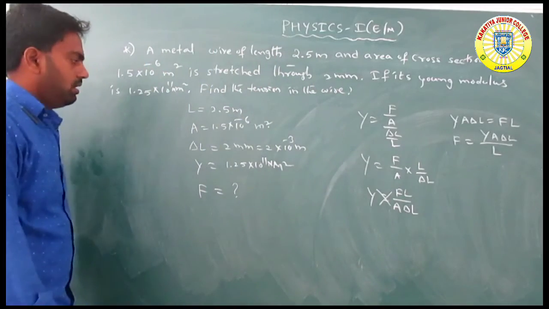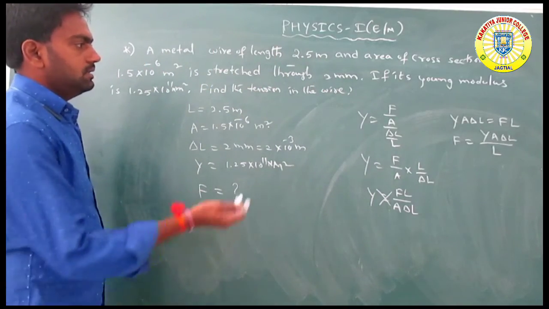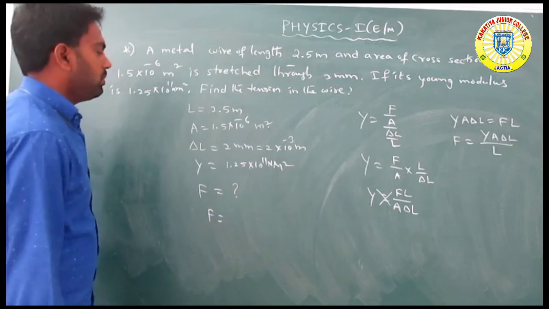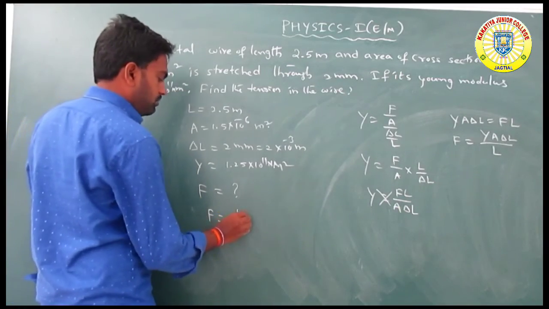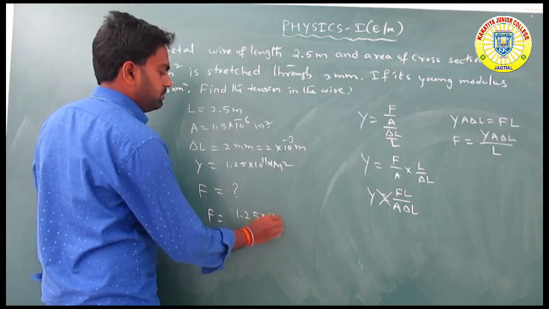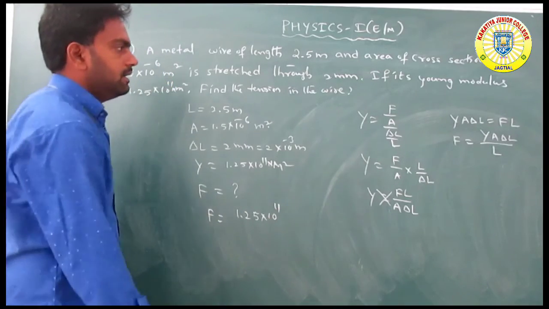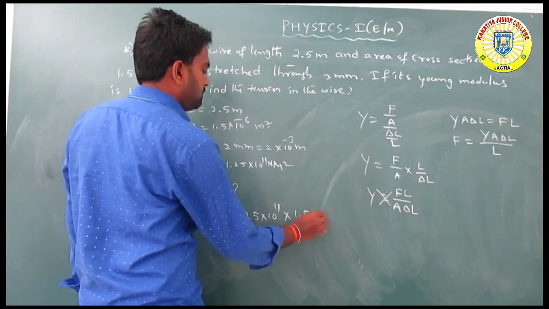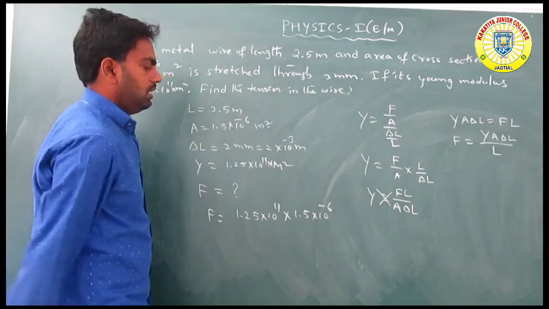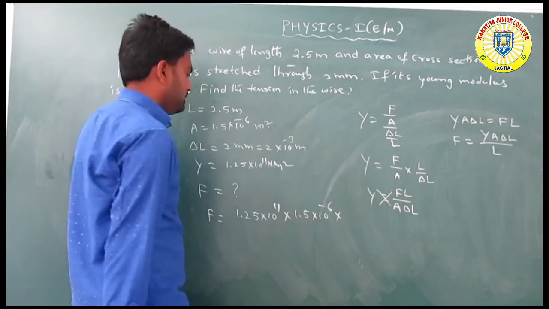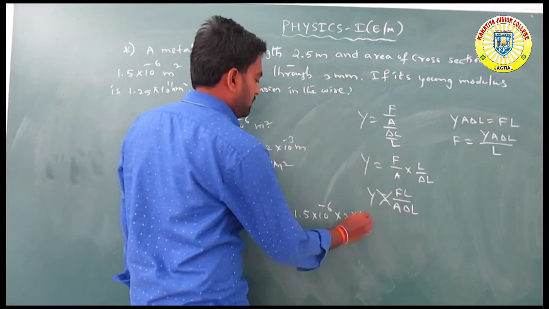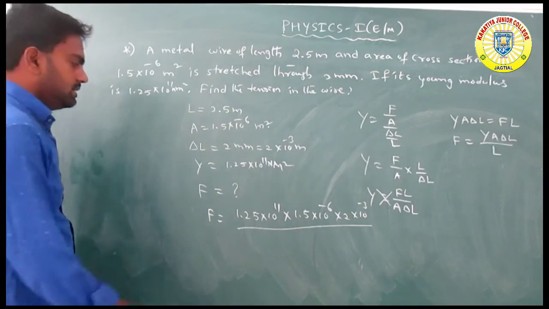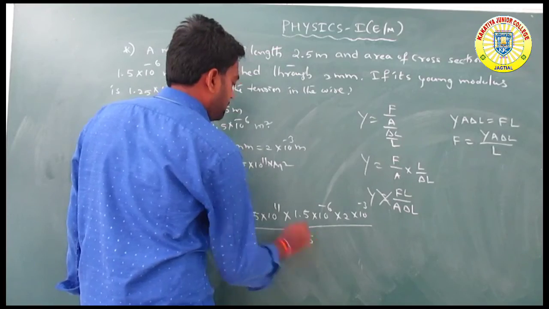Now substituting all the values in this equation. F is equal to Y, the Young modulus, 1.25 × 10^11, times A, the area of cross section, 1.5 × 10^-6, times delta L, 2 × 10^-3, divided by L, the length, 2.5 meters.